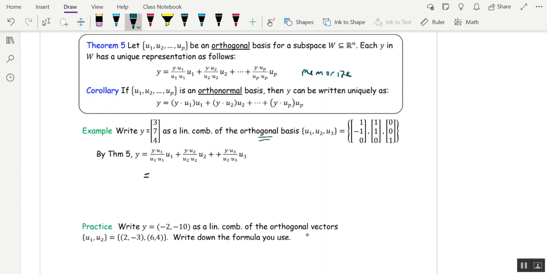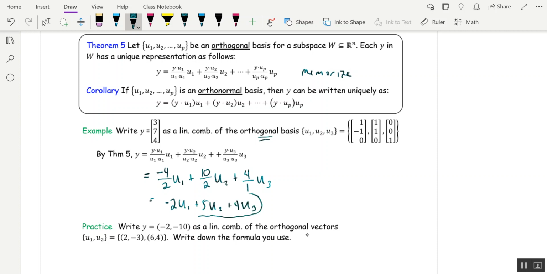We're going to do some dotting. y dot u1 is 3 minus 7, which is negative 4. u1 dot u1 is 2, and y dot u2 is 10, u2 dot u2 is 2, and finally y dot u3 is 4, u3 dot u3 is 1, and so we get negative 2 u1 plus 5 u2 plus 4 u3.